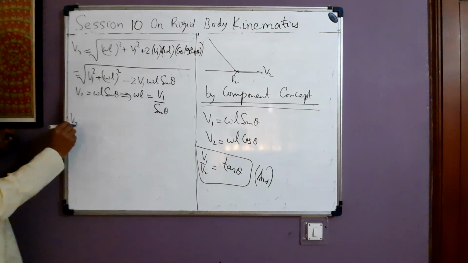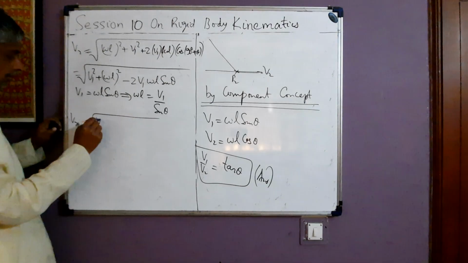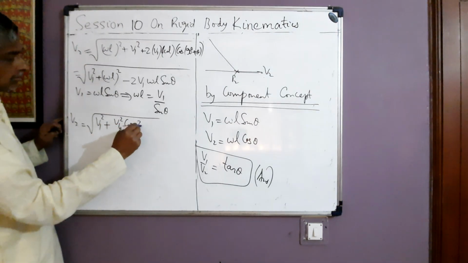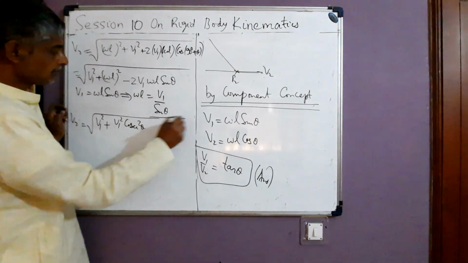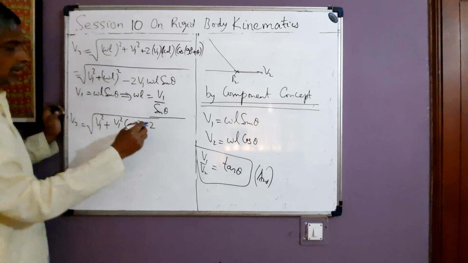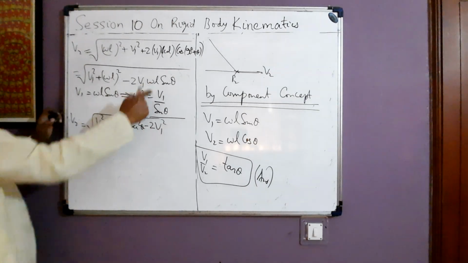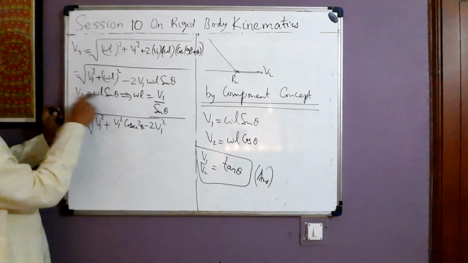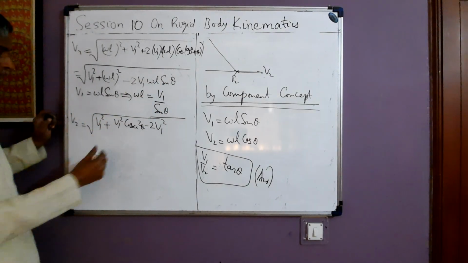So V2 becomes root under V1 square plus V1 square cosec square theta, as 1 by sin theta is cosec theta, minus 2 V1 square. Omega L sin theta simply becomes V1, so it becomes 2 V1 square.